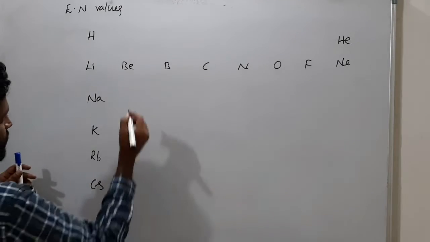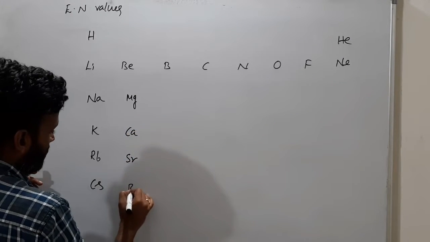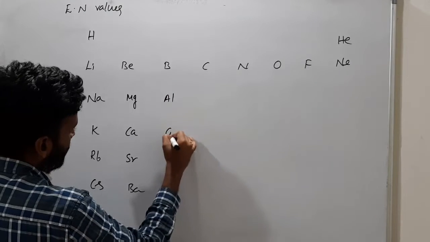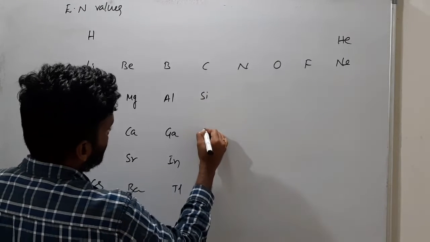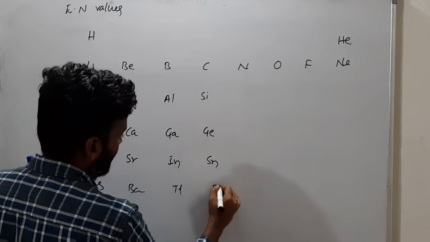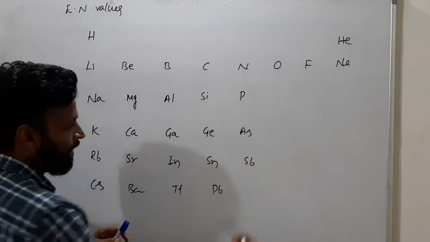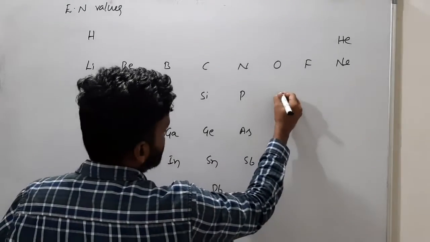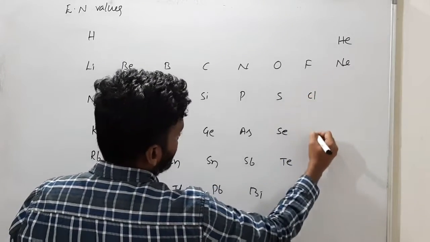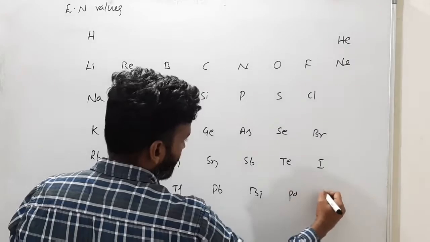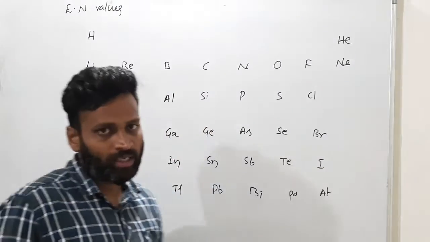Then beryllium, magnesium, calcium, strontium, barium; boron, aluminium, gallium, indium, thallium; carbon, silicon, germanium, tin and lead; nitrogen, phosphorus, arsenic, antimony and bismuth; oxygen, sulfur, selenium, tellurium, polonium; fluorine, chlorine, bromine, iodine and astatine. It's also radioactive, so no need to consider its electronegativity.